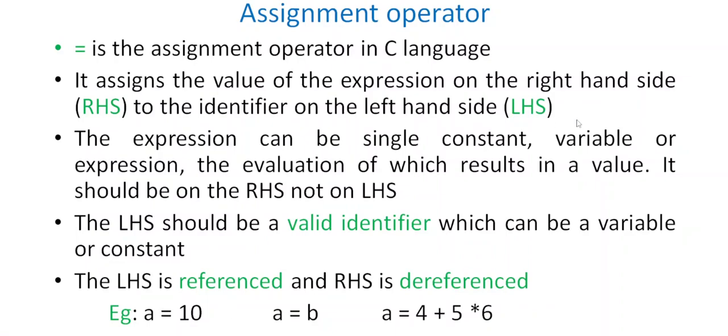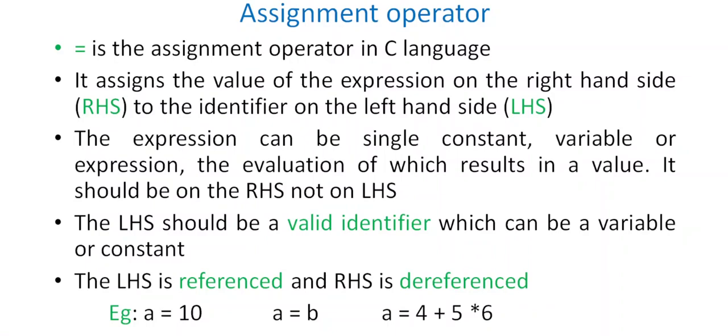So when you use the assignment operator, the value on the right hand side of equal to is assigned to the value on the left hand side. On the right hand side you can have a value or expression, whereas on the left hand side you should have a valid identifier which is capable of storing that value.